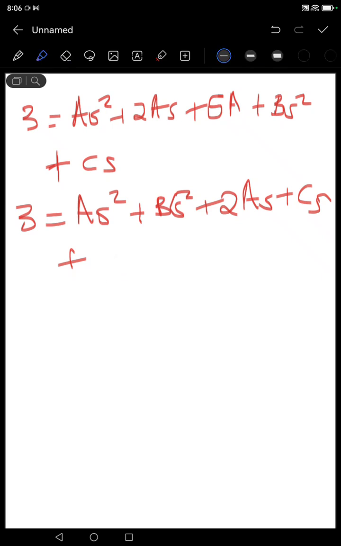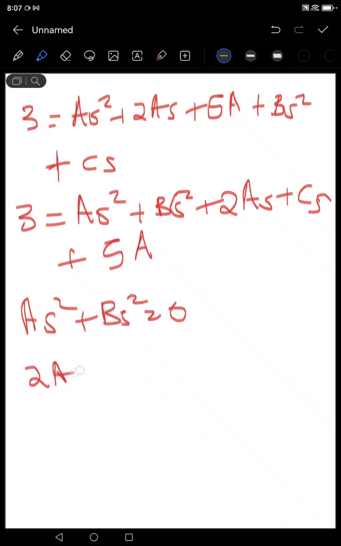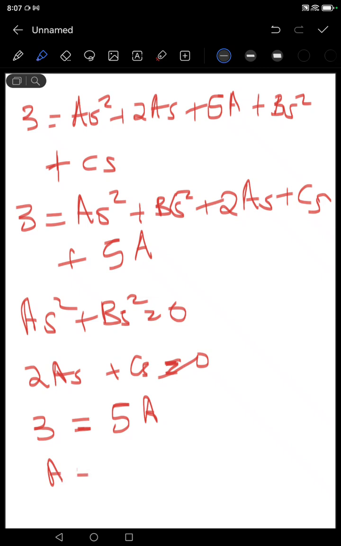You can see on our left hand side we don't have s, so as squared plus bs squared is equal to 0, and then 2as plus cs is equal to 0, because on our left hand side we don't have any s. And then we also have 3 equals 5a. Therefore our a is going to be equal to what?